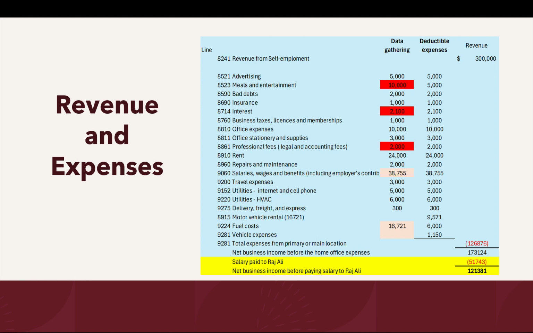The revenue and expenses are exactly the same, except one or two lines highlighted. The highlighted in yellow is an addition that happened because of this corporate structure.